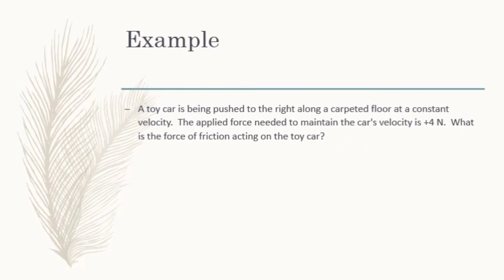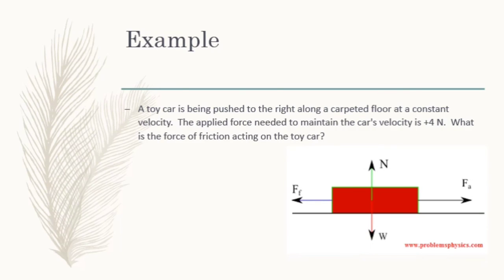Here's an example. A toy car is being pushed to the right along a carpeted floor at a constant velocity. The applied force needed to maintain the car's velocity is 4 newtons. What is the force of friction acting on the toy car? So that's what our free body diagram would look like. Now the weight and the normal force, they're going to cancel each other out because we're pulling it on the floor. It's not going up or down.